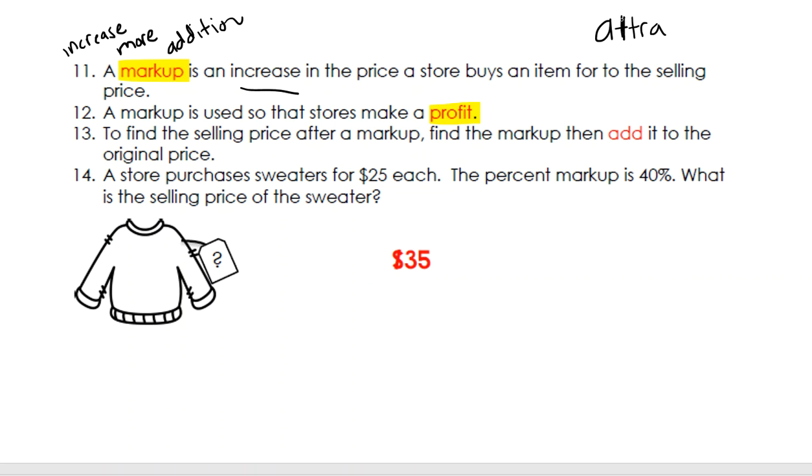So I would contact Altra and say, hey, I want to buy some shoes from you so that I can sell them in my store. And Altra says, okay, we will sell you those shoes at $50 a pair. And I would say, okay, I'll take 5 at $50 a pair.